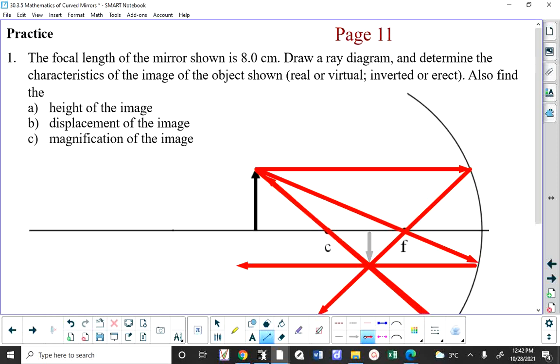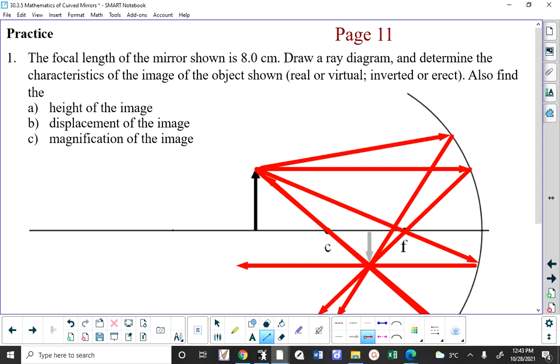It's lots of beams of light. A beam of light coming off of the top of the object will strike the mirror here, and it will reflect to that point. There's gazillions of beams of light leaving the top of the object, and they all meet at that point. They all converge on that point.